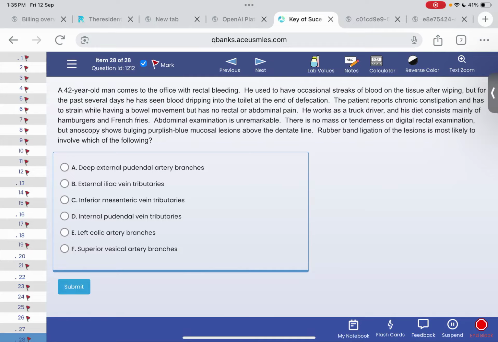He works as a truck driver and his diet consists mainly of hamburgers and french fries. Abdominal examination is unremarkable. There is no mass or tenderness on digital examination, but anoscopy shows a bulging purplish blue mucosal lesion above the dentate line. Rubber band ligation of the lesion is most likely to involve which of the following?